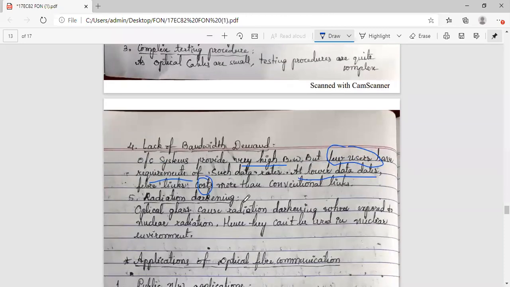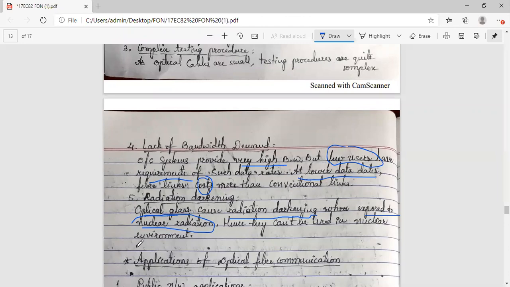Next one, radiation darkening. As the optical glass, that is fiber, it can cause radiation darkening. Radiation darkening means whenever it is exposed to nuclear radiation, the atoms and molecules inside it, the electrons, protons, get excited.